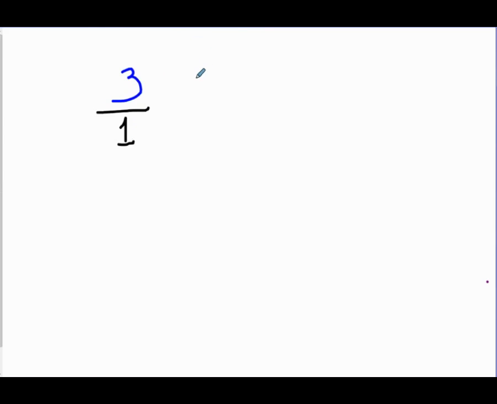So as you know, 3 divided by 1 is indeed equal to 3. I can do that with any number. I can go -7. -7 divided by 1 is still -7.